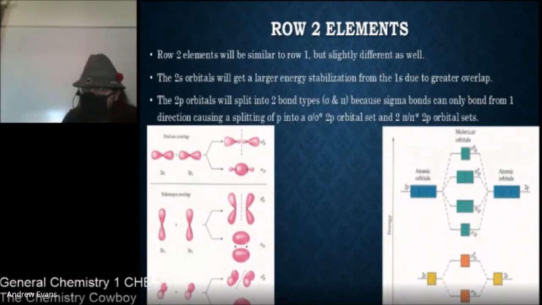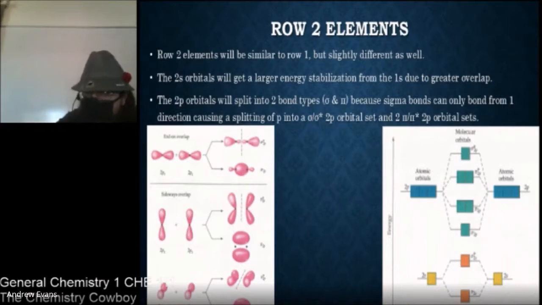But because of the p to p, if I do up and down or side to side, we get the pi overlap. So we end up generating 2 new types of bonding and anti-bonding orbitals, pi and pi star, the pi bonding and the pi anti-bonding.